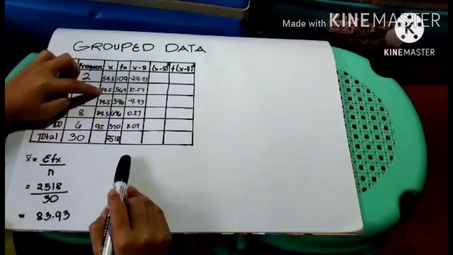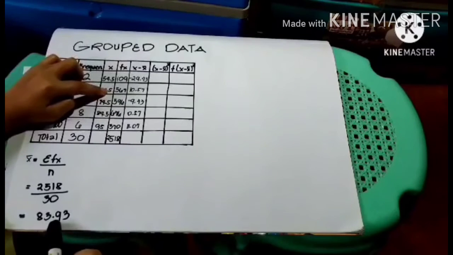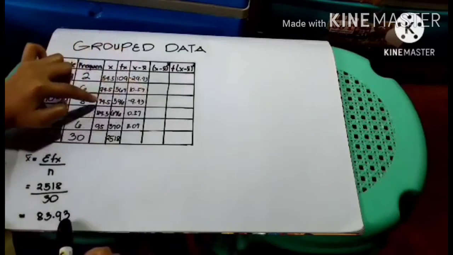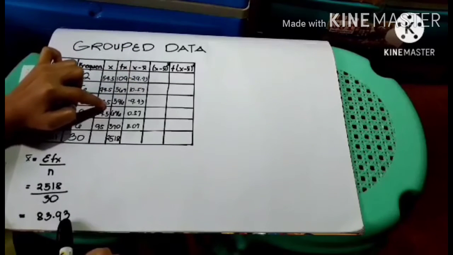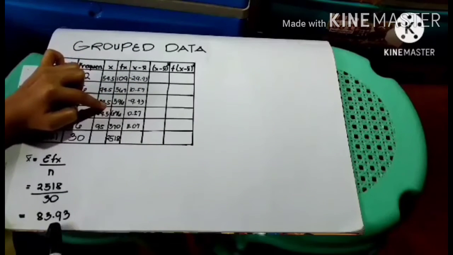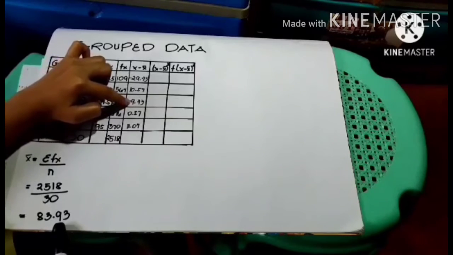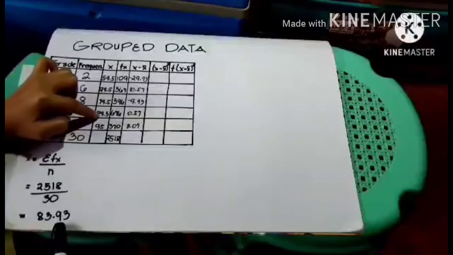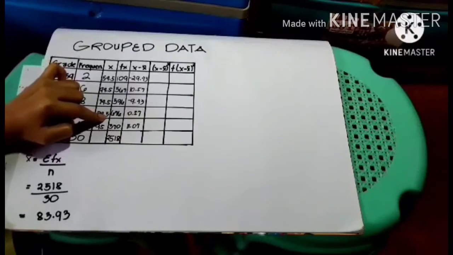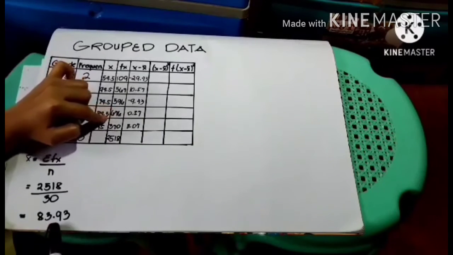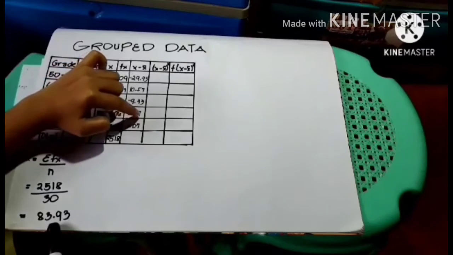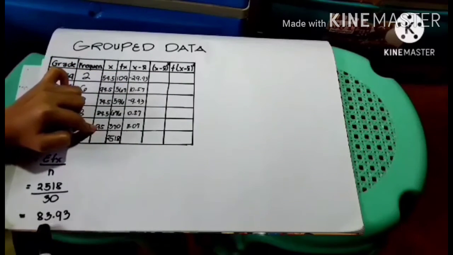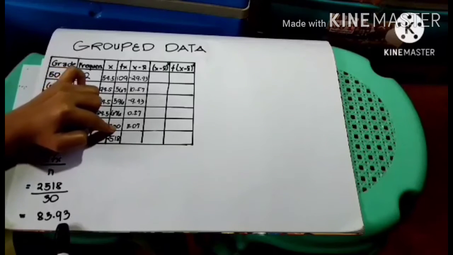Next, 64.5 minus 83.93 is equal to negative 19.43. Next, 74.5 minus 83.93 is equal to negative 9.43. Then 84.5 minus 83.93 is equal to 0.57. And the last is 95 minus 83.93, which is equal to 11.07.